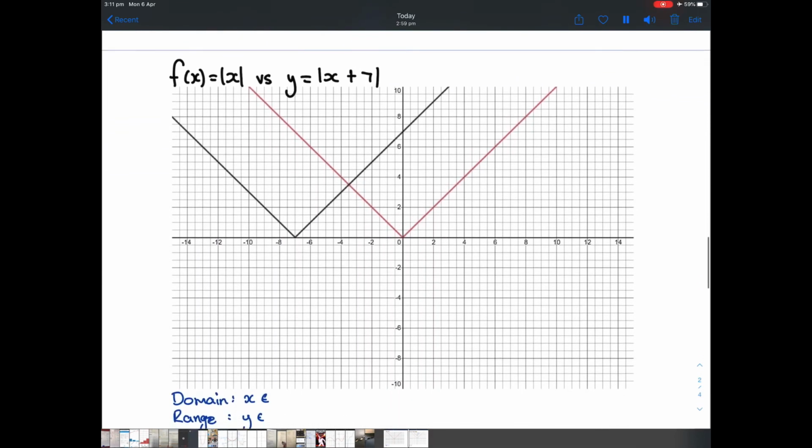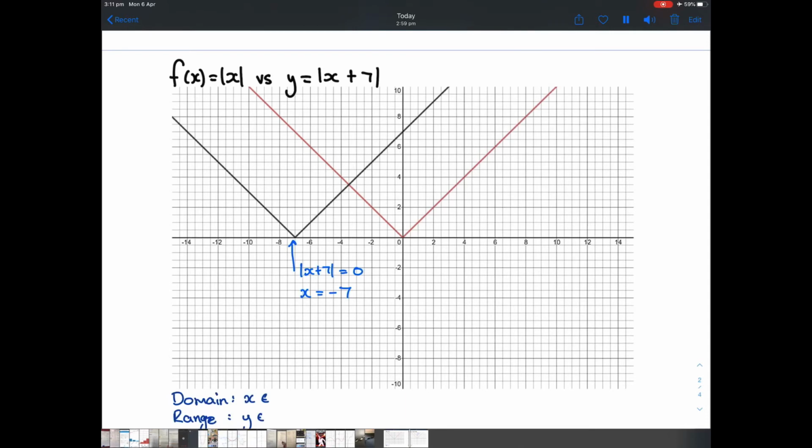Here we're going to look at the absolute value of x plus 7. And one thing to notice here is now that we've got a plus 7 inside the absolute value, let's look at what's happened to the sharp point. When does the absolute value of x plus 7 equal 0? Well, that only happens when x is equal to negative 7.